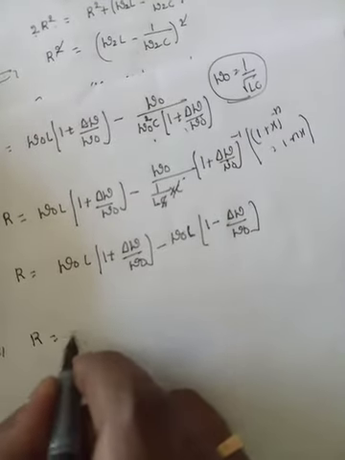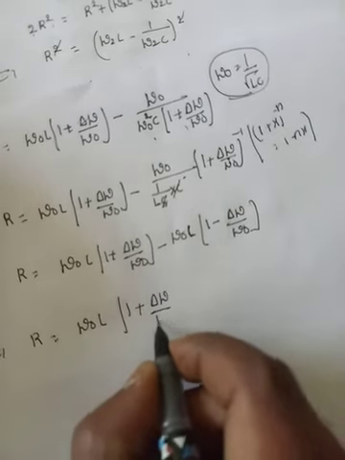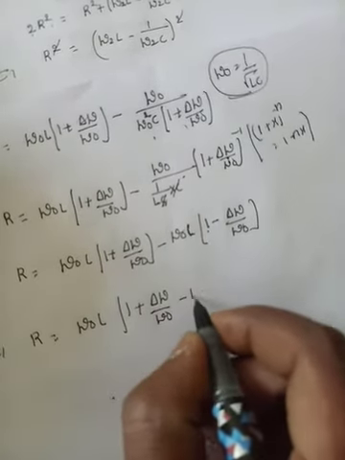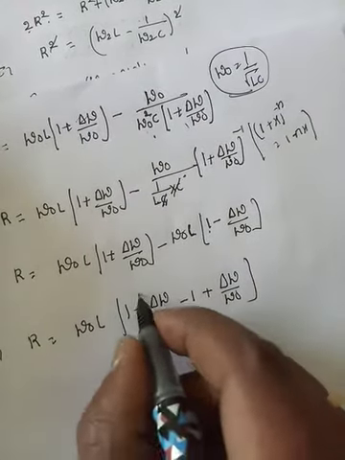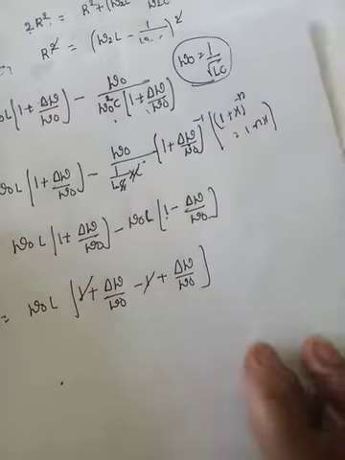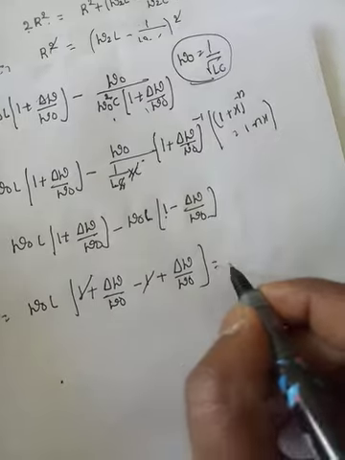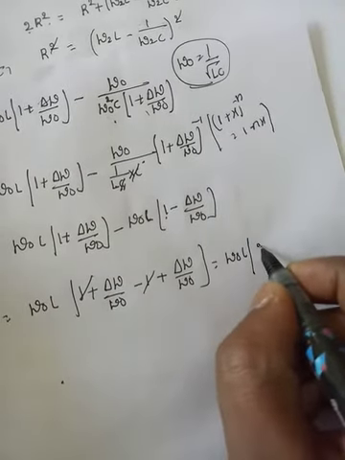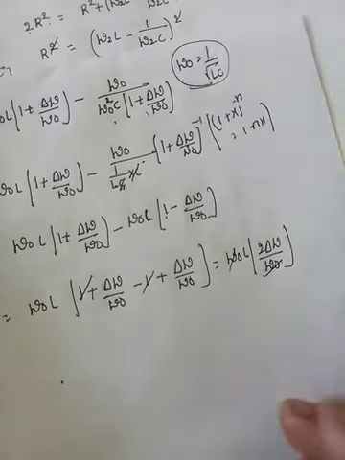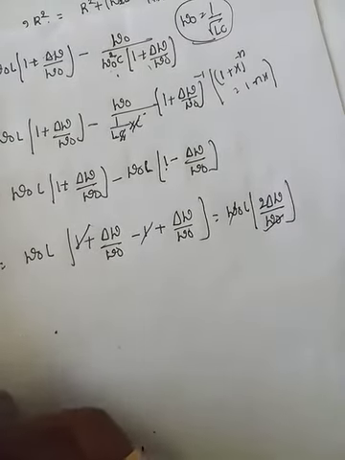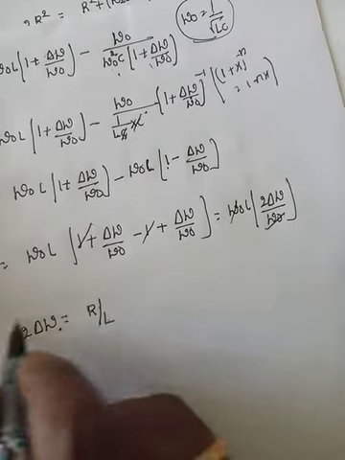In both terms omega naught L is common, 1 plus delta omega by omega naught minus 1 minus delta omega by omega naught, minus of minus plus delta omega by omega naught, plus 1 minus 1 cancel. So delta omega by omega naught plus delta omega by omega naught, what do you get? Omega naught L into 2 delta omega by omega naught. Omega naught cancels. What do we actually want? Bandwidth. 2 delta omega is equal to R by L.